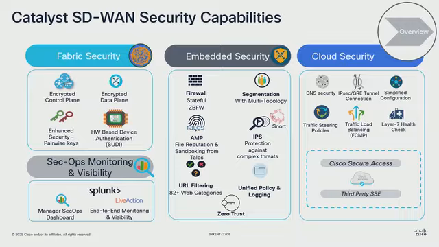So that Umbrella DNS security with a simple policy, we can connect Umbrella DNS into the routers and enforce that. We also have a full integration with our Cisco Security Service Edge, known as Secure Access, that we can connect in, and we'll talk about that a little bit more here as well.